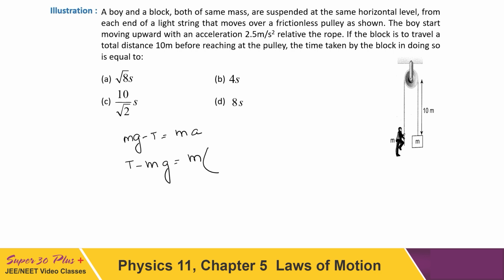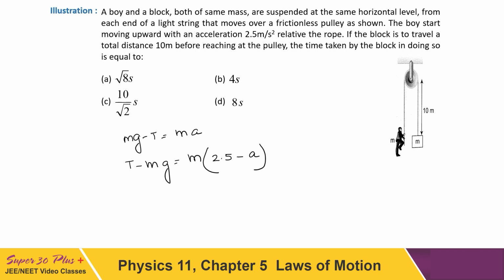Acceleration of boy with respect to rope is provided here, in upward direction, so let's write 2.5, and rope of course has to be coming down for the boy, so it will have value minus a.